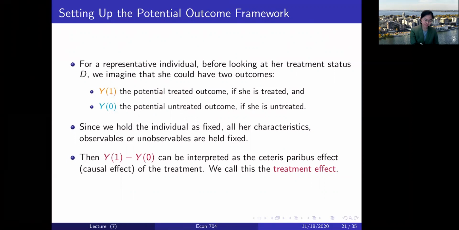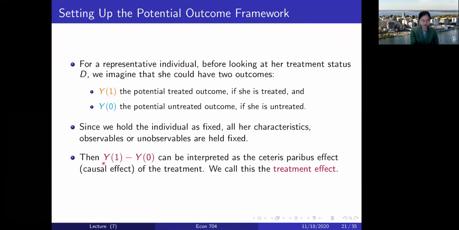Since Y1 and Y0 are two possible outcomes for a given individual, the individual is fixed, the same for the two outcomes. And therefore, all her characteristics are fixed, whether unobservable or observable. The only thing that makes Y1 and Y0 different has to be the treatment.